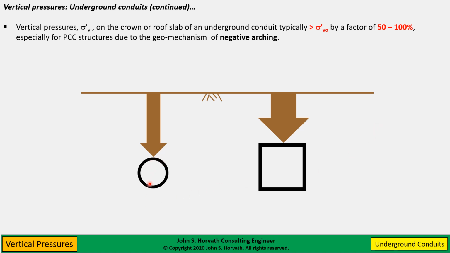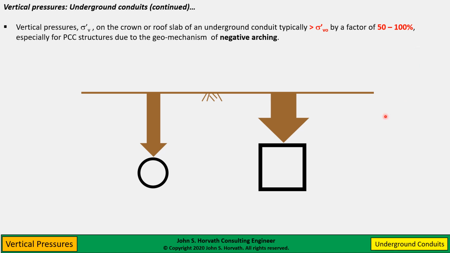That's because very often, especially when these underground conduits are constructed of concrete, they are hard spots, if you will. So the vertical pressures on the crown or the roof slab are typically greater than the overburden stresses by a factor of 50 to 100%. And this is based on probably a century or more of observation and research.